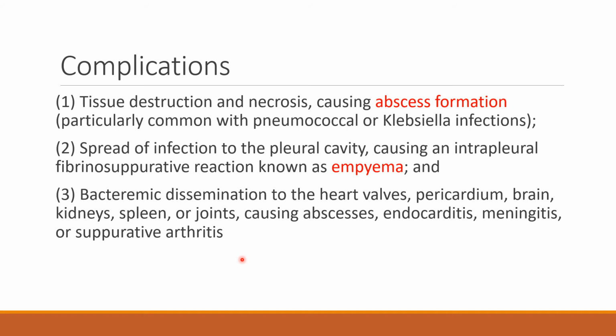And third common complication is bacteremic dissemination to the heart valves, pericardium, brain, kidney, spleen or joints. That causes abscess formation in the different organs or leads to endocarditis, meningitis or suppurative arthritis. So multi-organ involvement.